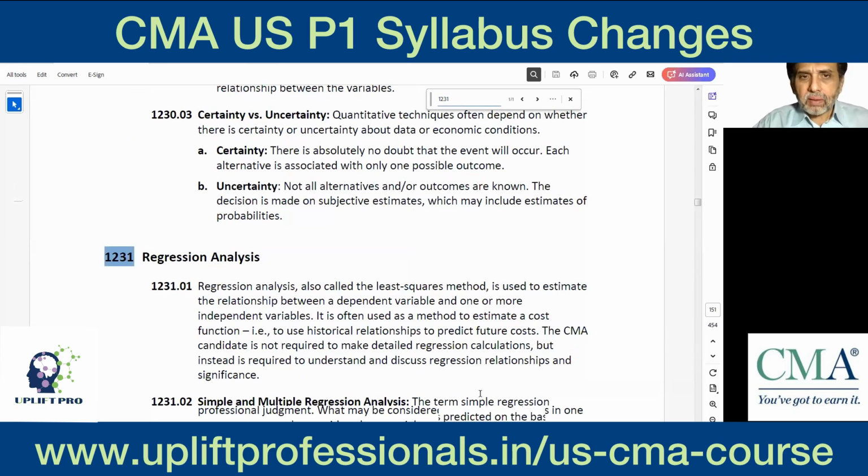Okay, now this regression analysis here, what they have mentioned here, fine.